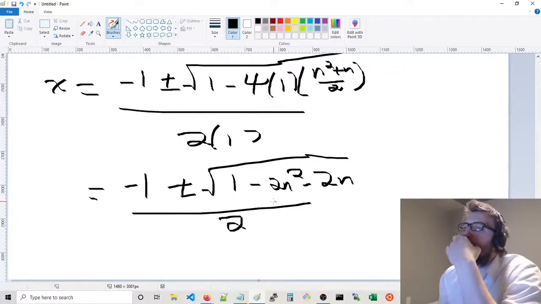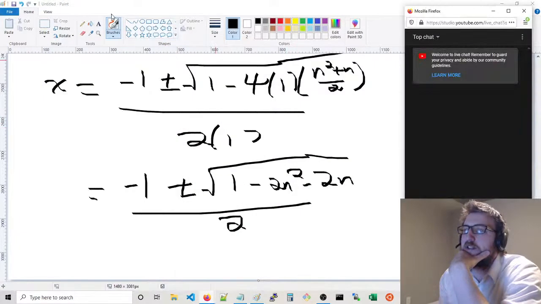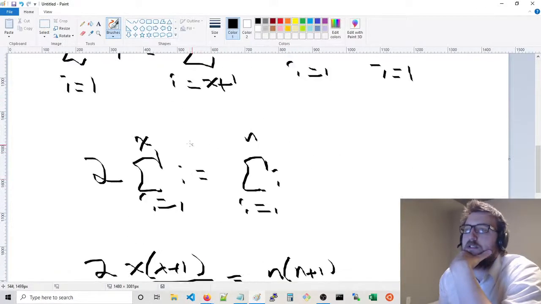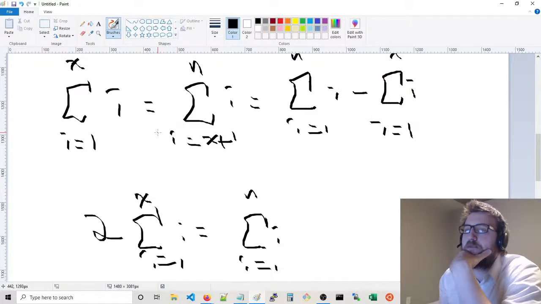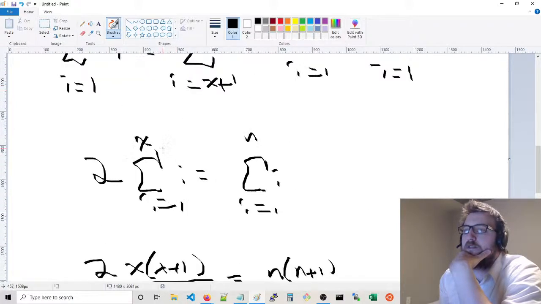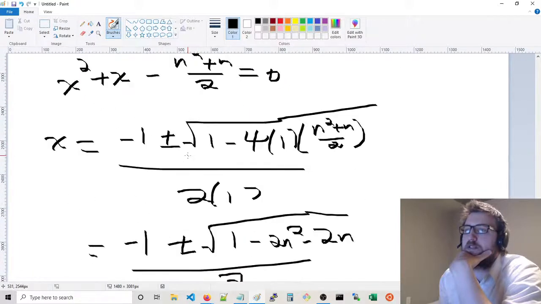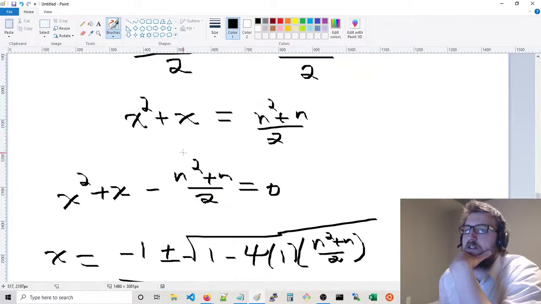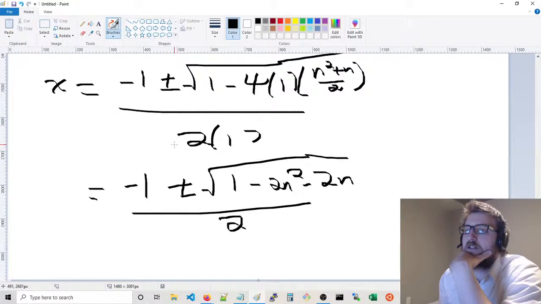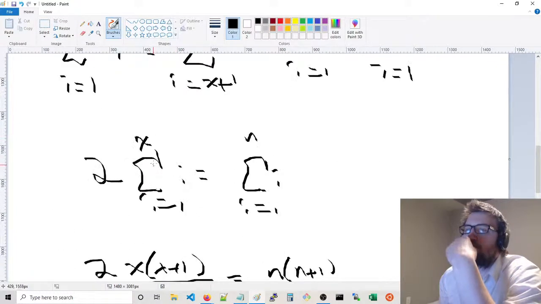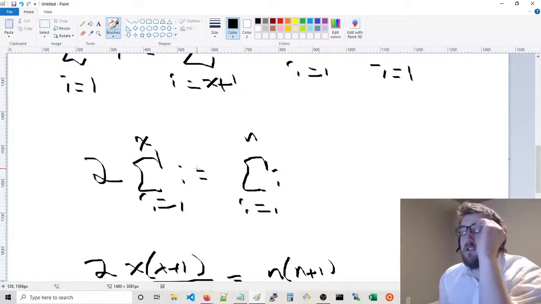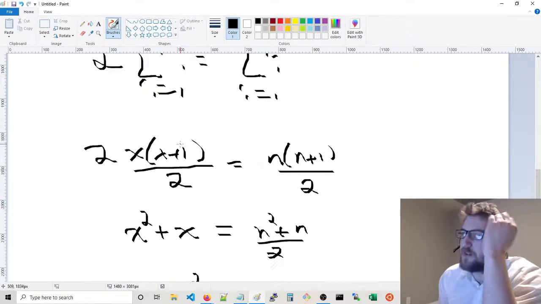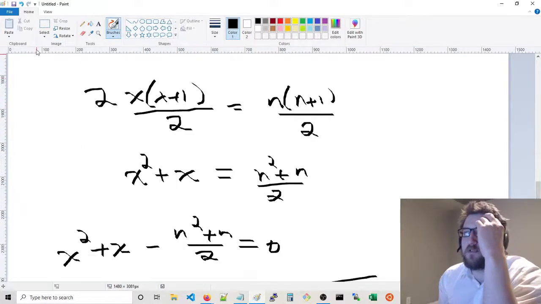Okay, this is not looking good. This does not look good at all. I'm a little confused. Well, we're actually just trying to minimize this function, really.